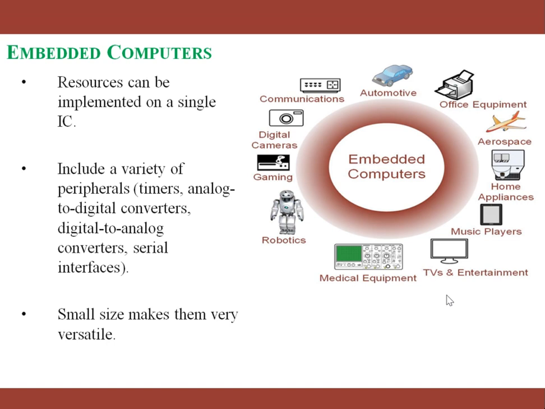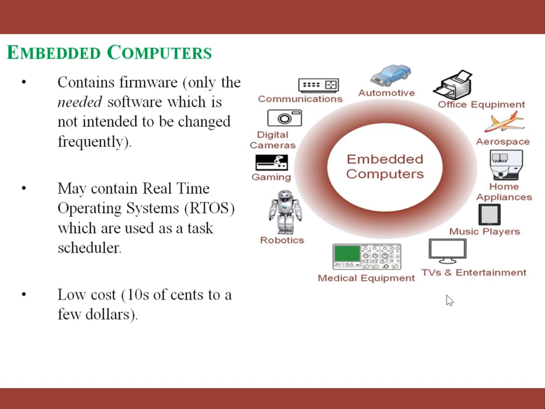They include a variety of peripherals: timers, analog to digital converters, digital to analog converters, serial interfaces. Small size makes them very versatile. Robotics, gaming, digital cameras, communications, automation, office equipment, aerospace, home appliances, music players, TVs and entertainment are all examples of embedded computers.